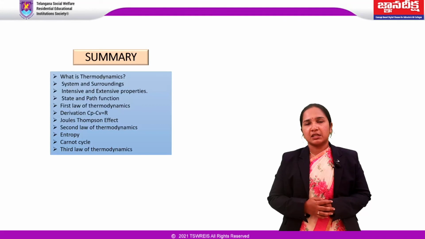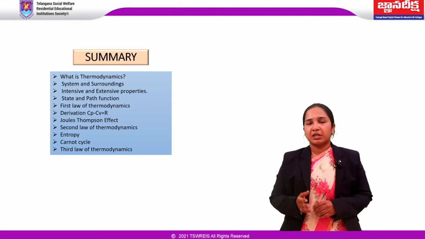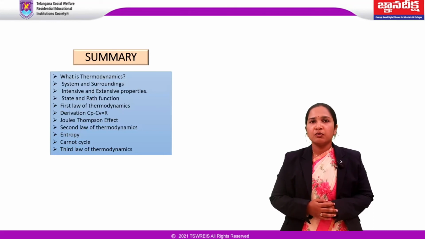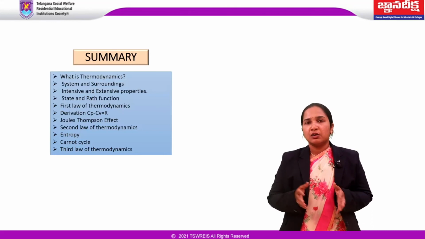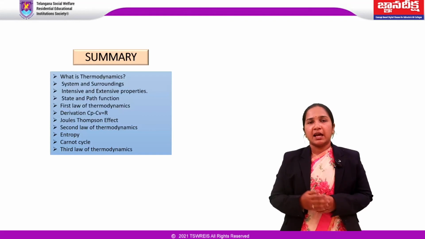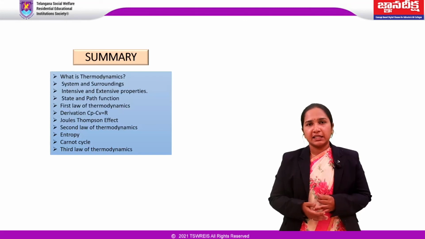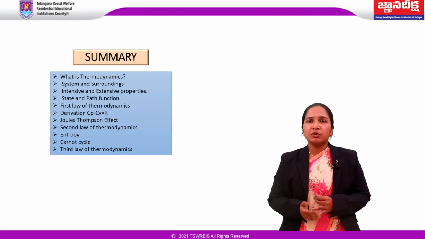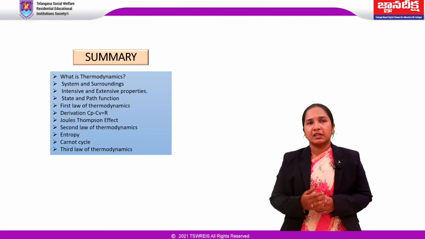Under the Joule-Thomson effect, cooling of temperature is seen when a gas is allowed to move from a region of high pressure to low pressure adiabatically. There are many examples of the Joule-Thomson effect. One of the most important examples is the fridge, that is refrigerator, AC, and it is mostly used in liquefaction of gases. Next is the second law of thermodynamics.